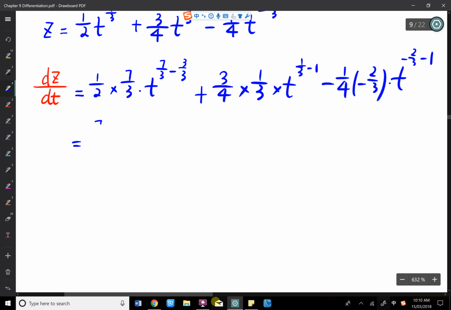And that gives you 7 over 6 t to the power of 4 on 3 plus 1/4 t to the power of negative 2 on 3 plus 1 on 6 t to the power of negative 5 on 3. That's the derivative.